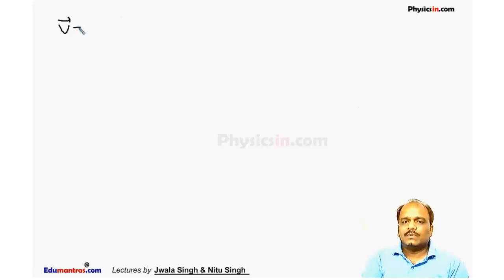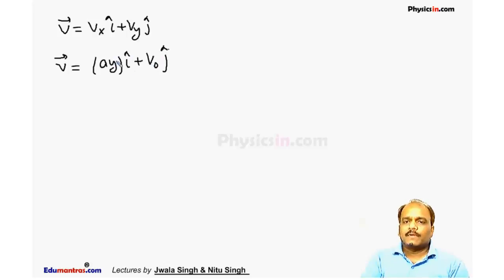V is equal to vx i cap plus vy j cap. So I can say the velocity of the balloon is equal to Vx, which is a y i cap, plus Vy, which is v naught j cap. It is given. So this is the velocity of the balloon at any instant when it is at distance y from the ground.